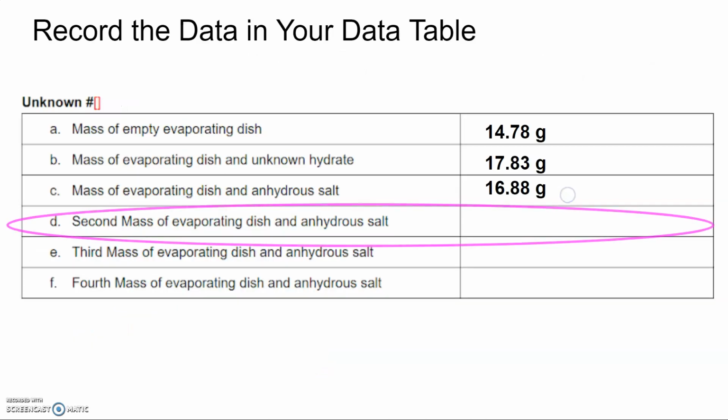I put that in my table in the fourth column for the second mass. Compared with the previous mass, these are significantly different. We went from 16.88 to 16.70. So clearly we've lost more water, and we have to do this at least a third time to make sure we removed all the water.